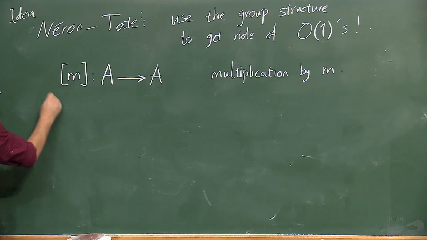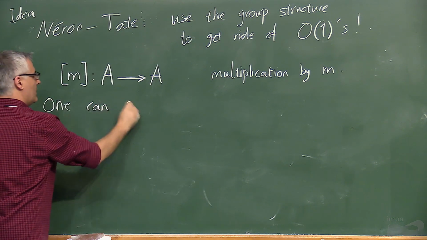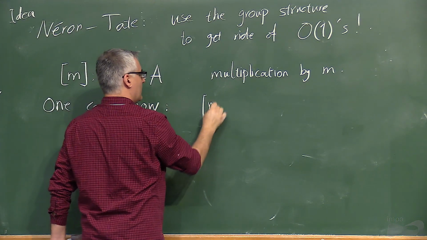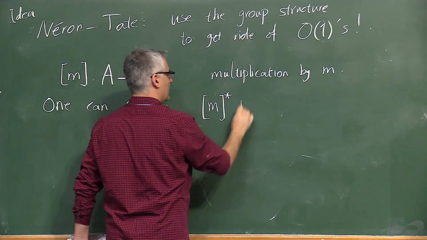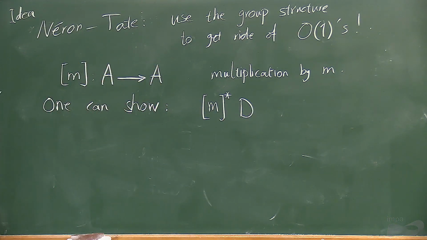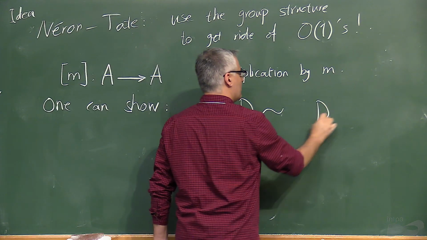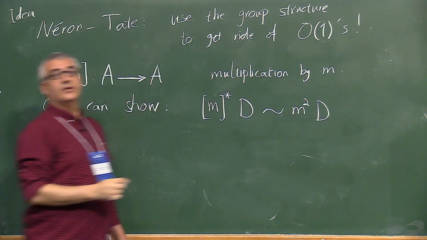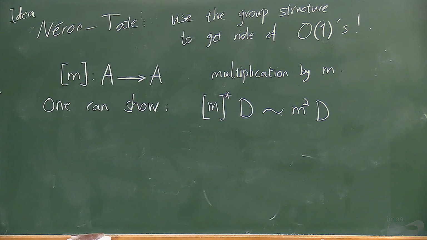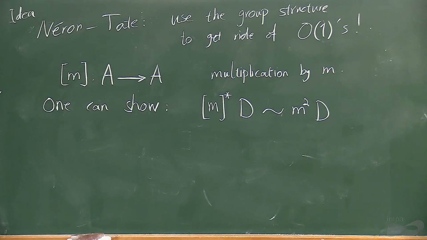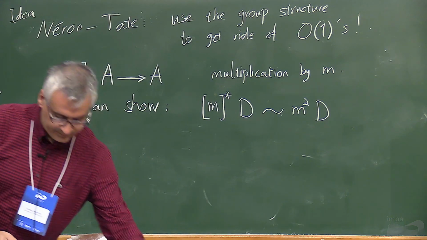Since I have assumed my divisor is symmetric, one can check that if you pull back a symmetric divisor along this multiplication by m, you get something which is m squared times the original divisor. Even if it's not symmetric, you can give a formula about how the pullback works. I'm not going to write it down, but there's a general computation you can do.